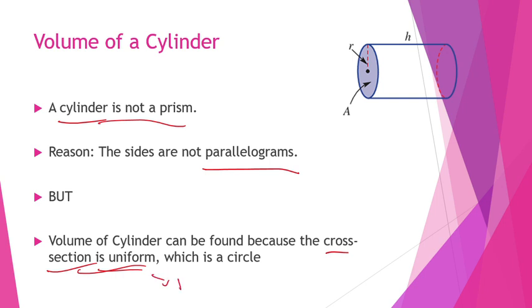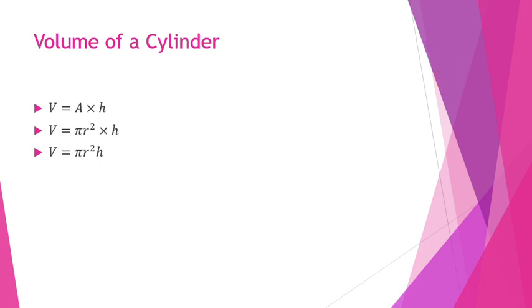Uniform just means the same, okay? And the cross section itself is an actual circle. So you can use the area of the circle instead, which is highlighted right here, and just multiply it by the height. Hence, the formula for volume of a cylinder is V equals pi r squared h.